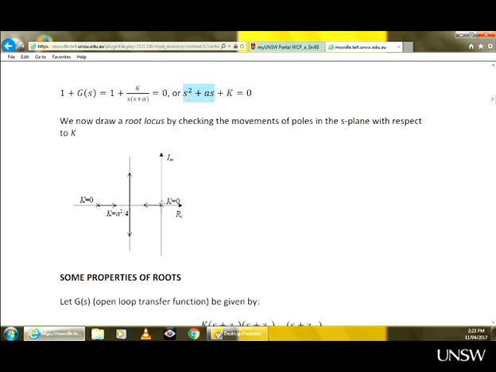When k reaches the value a squared over 4, you get two identical real roots. And those two roots are equal to minus a half. So this is when they meet. They are coming towards each other, and the meeting point is minus a half. That happens, as I said, when k equals a squared over 4.